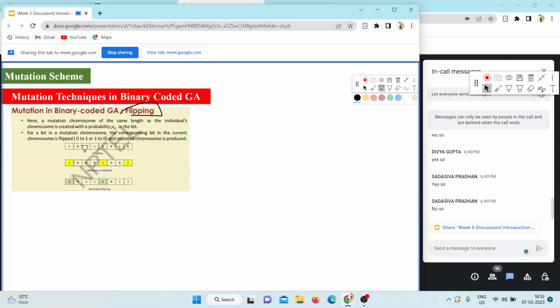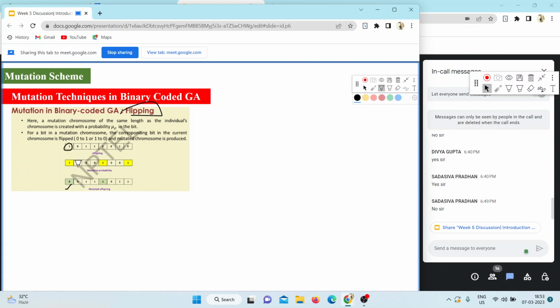So for flipping, wherever the mutation probability is 1, you just flip the bit. Like in your parent, here the bit was 1 and the mutation probability was 1, so you have to flip the bit, that is change 1 to 0.